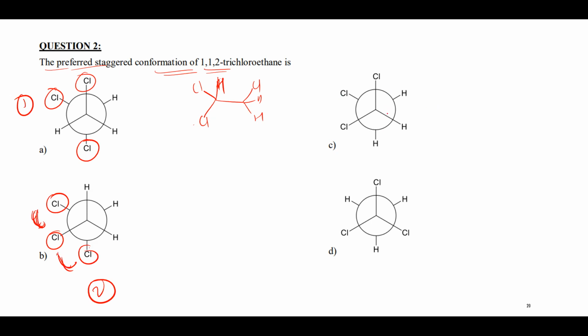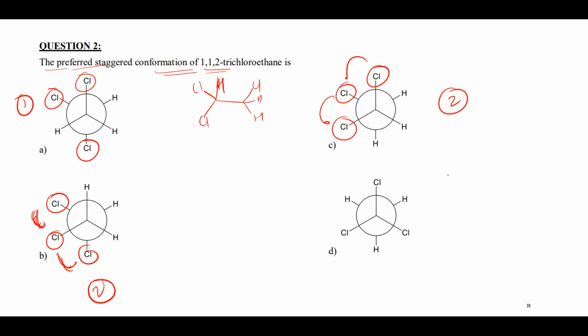If we move to the third structure, here you can see one gauche interaction and another gauche interaction, so here also 2 gauche interactions. And if you look at option D, is this structure incorrect?